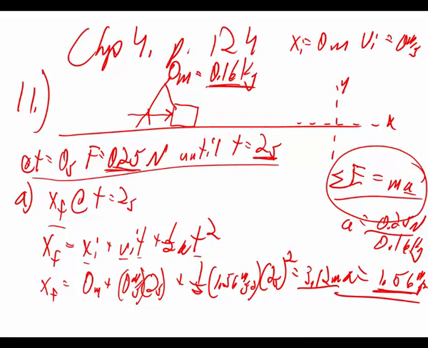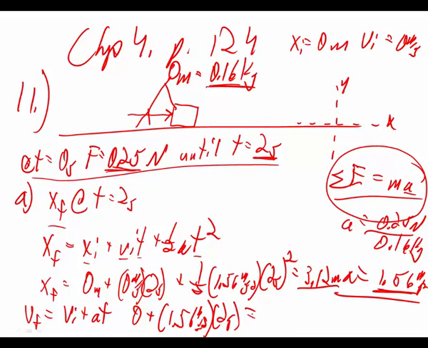There are 2, but let's use the easiest one. So that's 0 plus 1.56 meters per second squared times 2 seconds. And what do we get? Well, what do you know, 3.12 meters per second. Right?